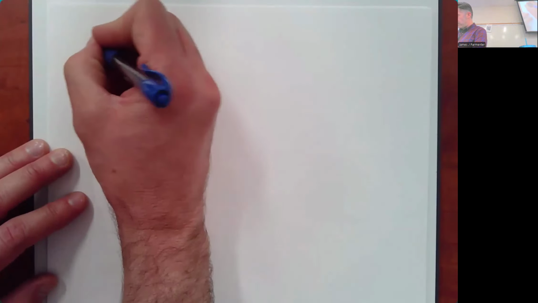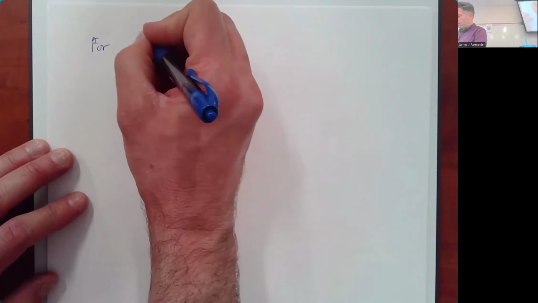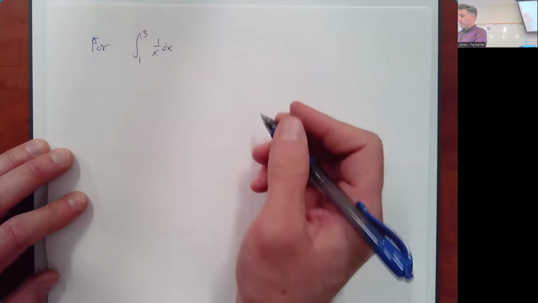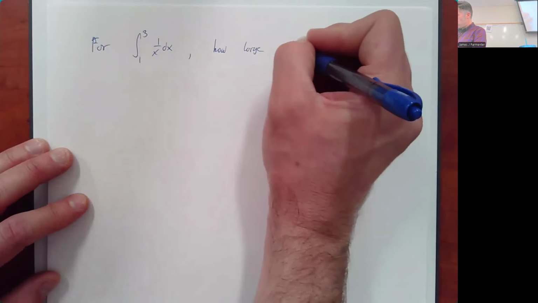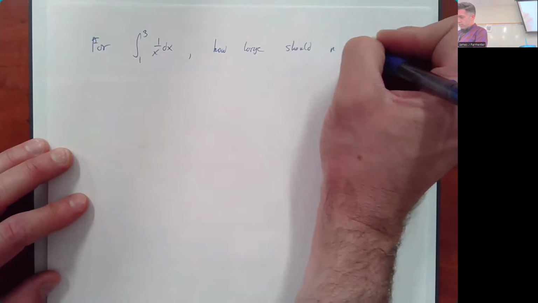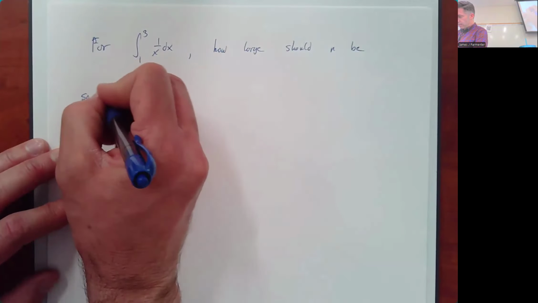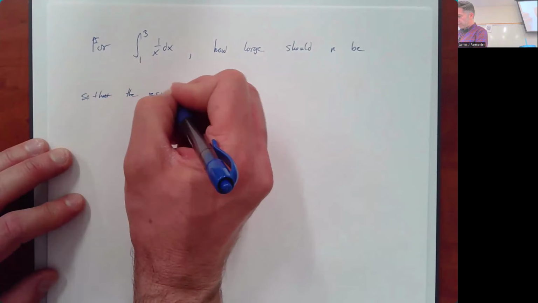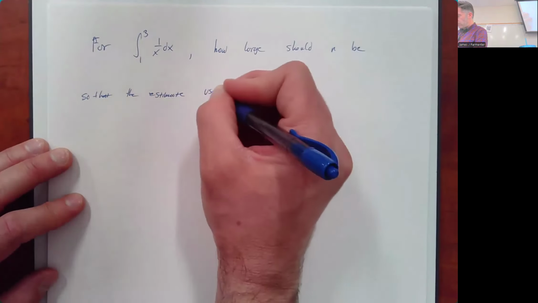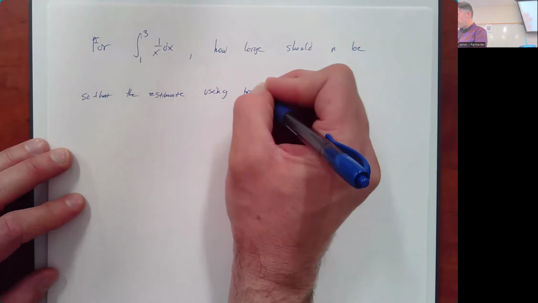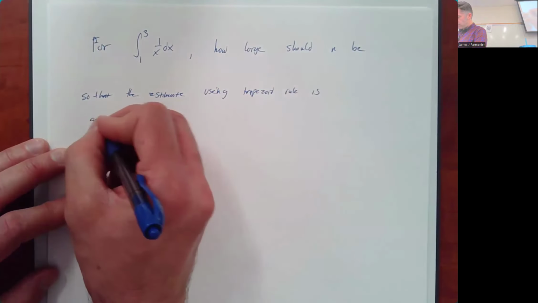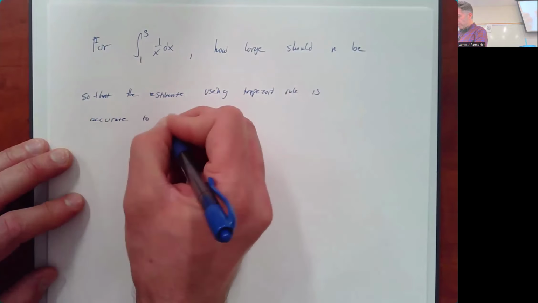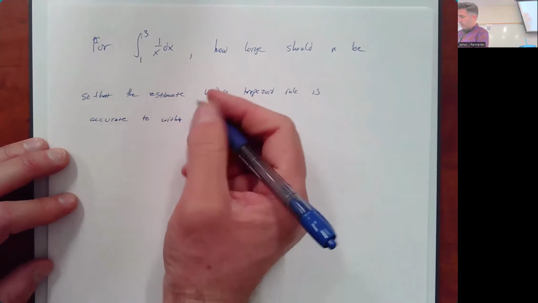So the question we ask sometimes is, for that previous integral, from 1 to 3 of 1 over x dx, how large should n be so that the estimate using the trapezoid rule is accurate to within 1/10,000?